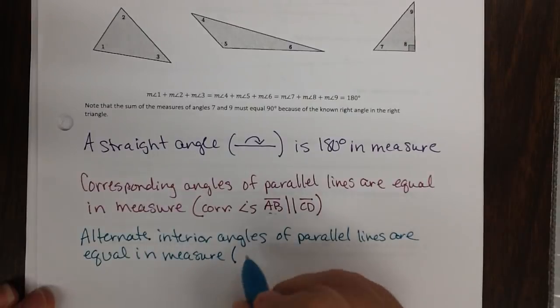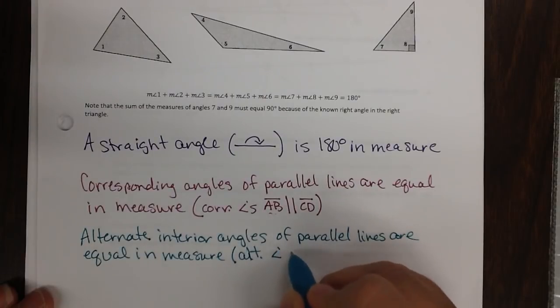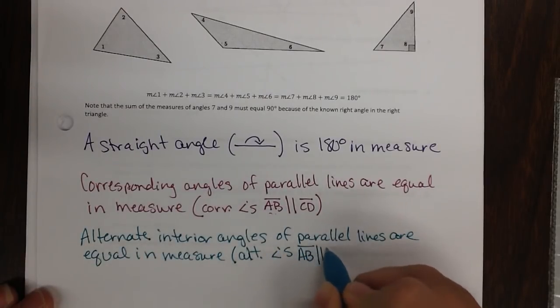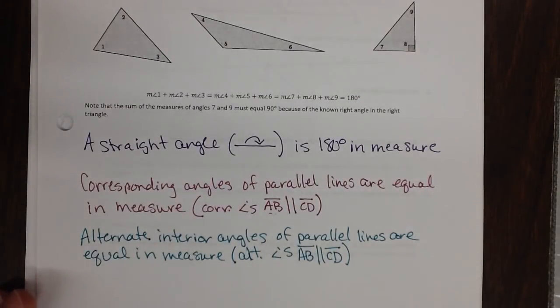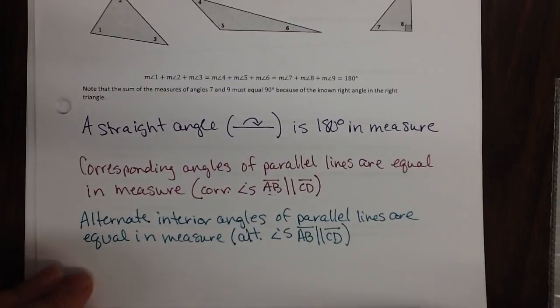So we're going to abbreviate that: alternate angles of parallel lines. Okay, so these three things we're going to use. We've already proved them, and we're going to use them to work through Exploratory Challenge 1 and Exploratory Challenge 2. So let's move on to page 68.